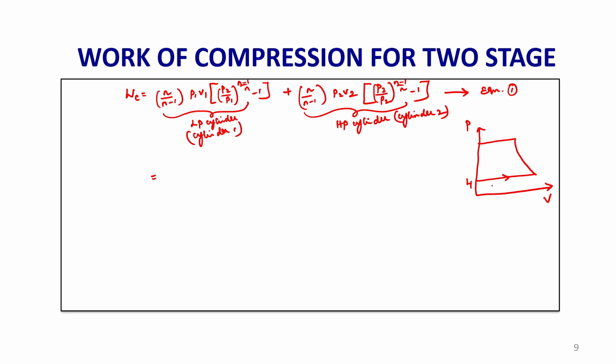This is suction, 1 to 2, then 2 to 3 is discharge. Just to explain the power required to drive the compressor for the three processes, I have taken a single stage compressor without clearance.